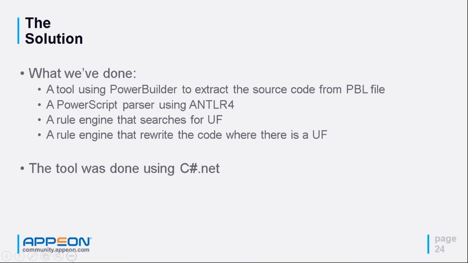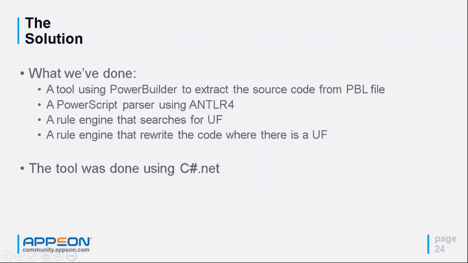So we wrote a PowerBuilder parser using ANTLR. ANTLR is a tool that lets us write grammars and process that grammar. So we wrote a grammar for PowerScript to understand all the PowerScript, which allows us to analyze the code and navigate through the code. We built a rule engine that searches for unsupported features using the ANTLR grammar we developed.